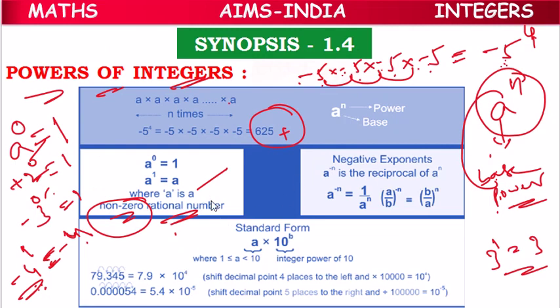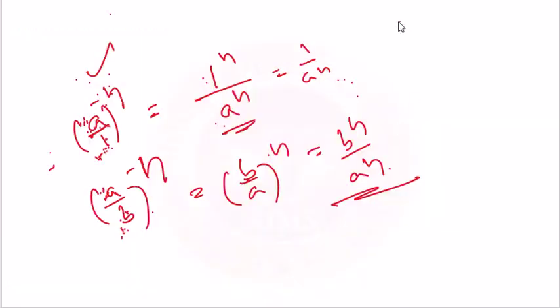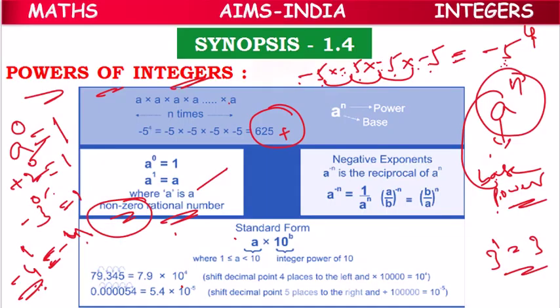Suppose we have bigger numbers like 79,345. If you have bigger numbers like this, the standard form of exponent should be written in terms of 10 powers, and the coefficient should be between 1 and 10.